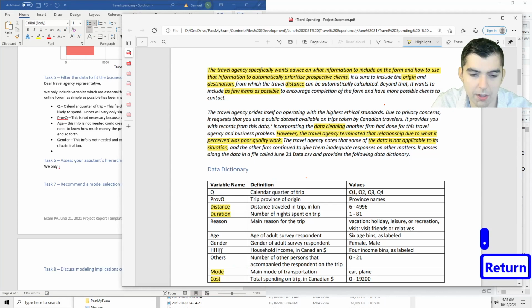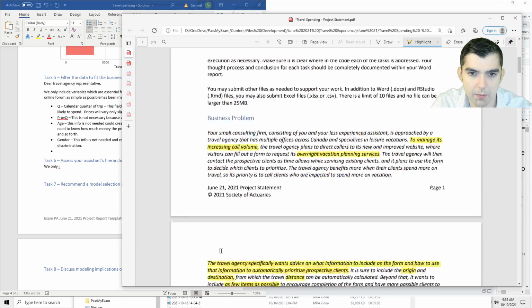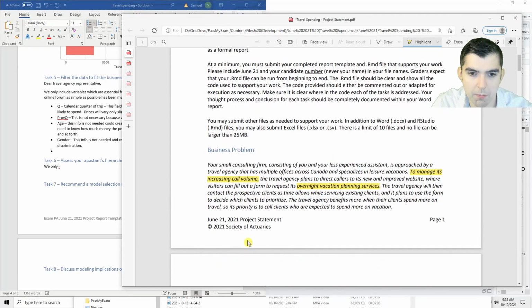HHI, household income. The travel agency plans to direct callers to a student's improved site. So imagine if someone calls you on the phone and says, hey, we found your data online.